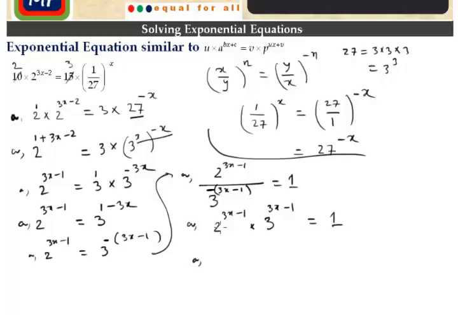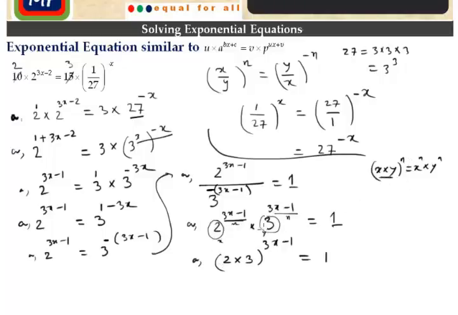Or 2^(3x-1) times 3^(3x-1), we can write it like (2 times 3) to the power 3x minus 1 equals 1, because we know that x^n times y^n equals (x times y)^n. Here x is 2, the power is n; y is 3, and the common power is n. So x to the power n times y to the power n is (x times y) to the power n.